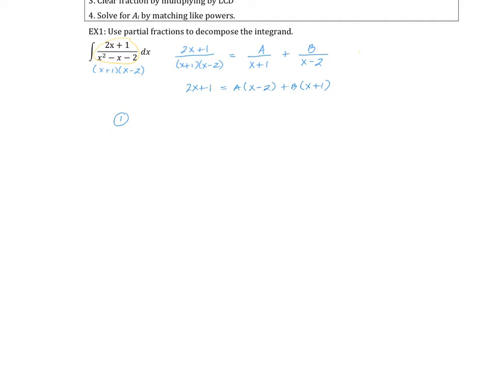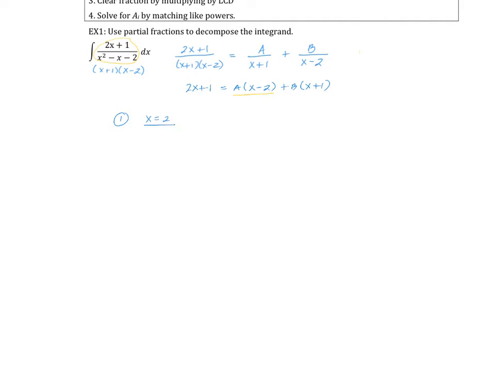So what I'm going to do is strategically pick x. Say x is equal to 2. So if you look at this term x minus 2, if x is equal to 2, that would be 0.